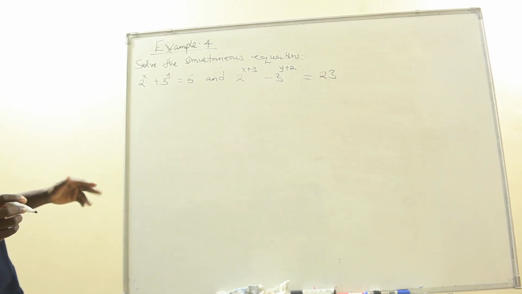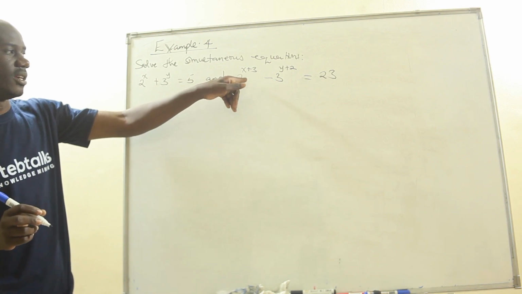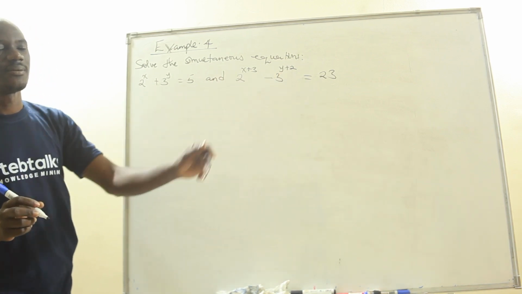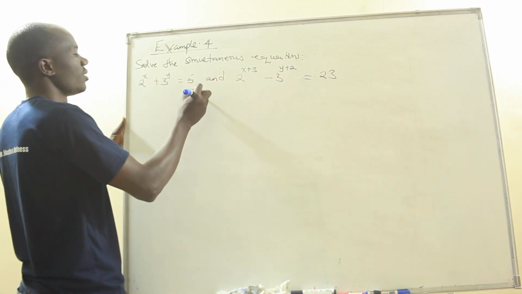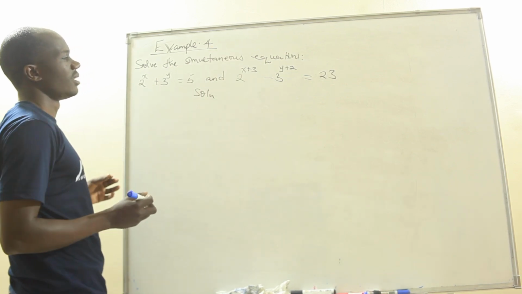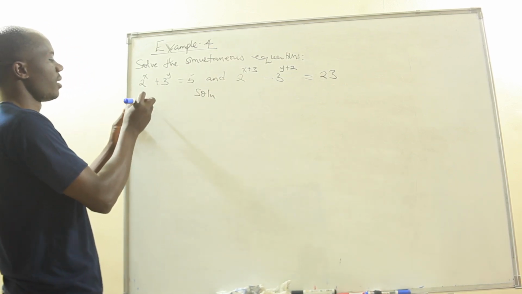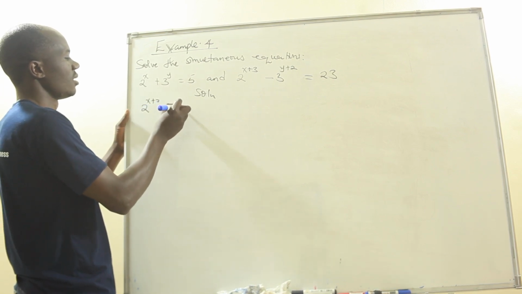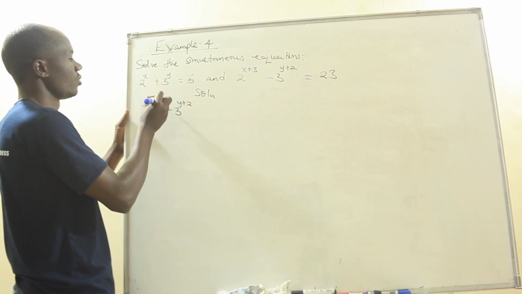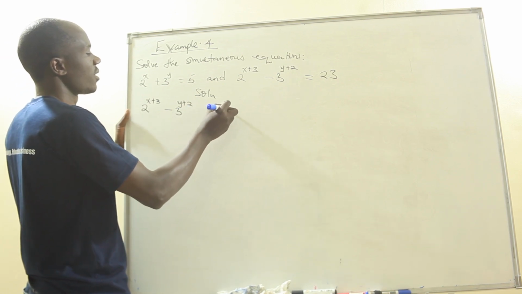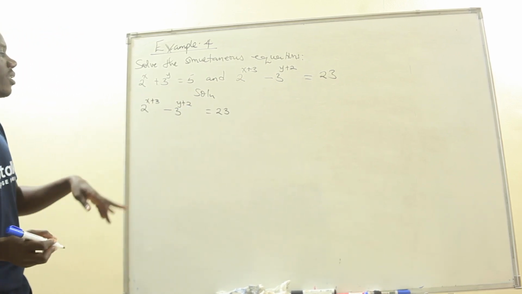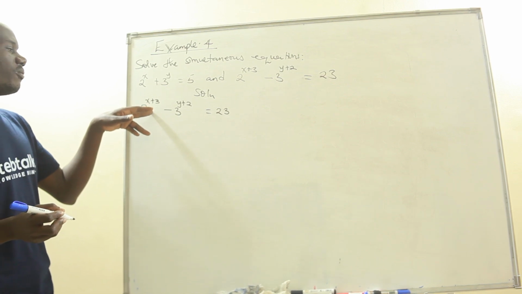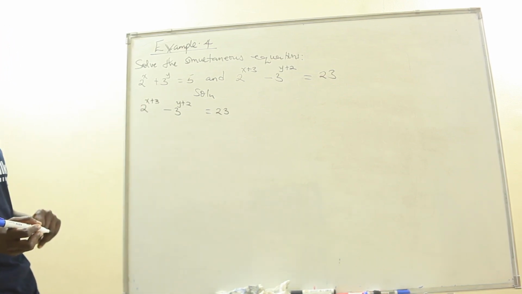So what I'm going to do, first observe here, there is an element of the laws of indices from the second equation. So first look at that element there: 2 power x plus 3 minus 3 power y plus 2 equals 23. These ones came from multiplication, that's why they added the powers.